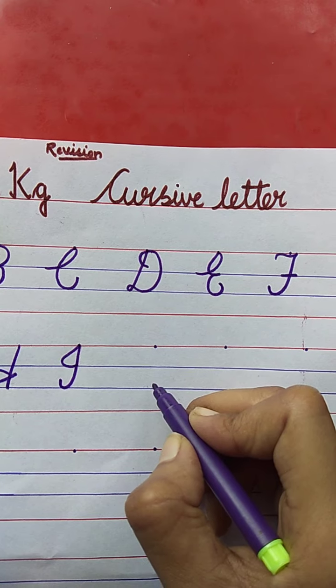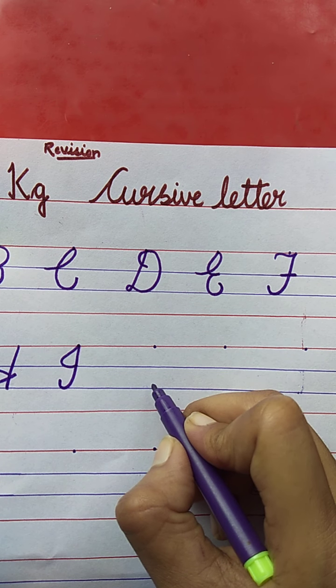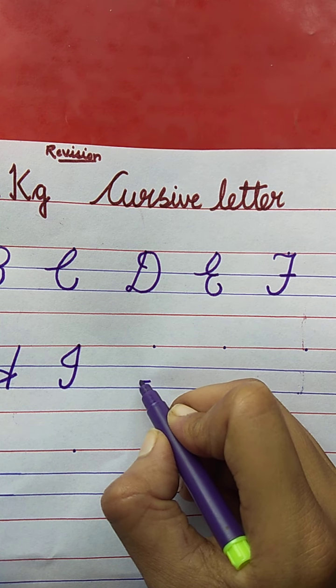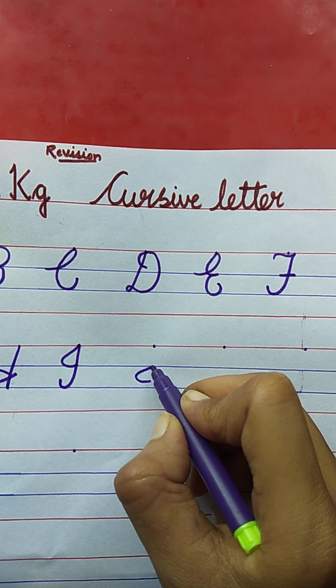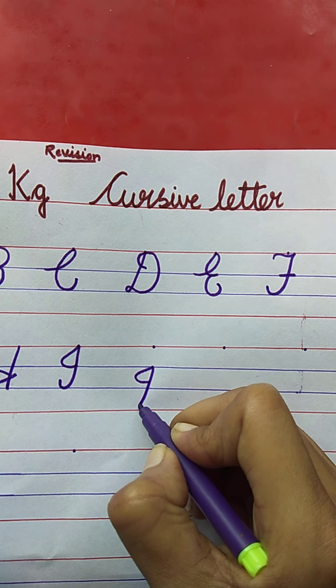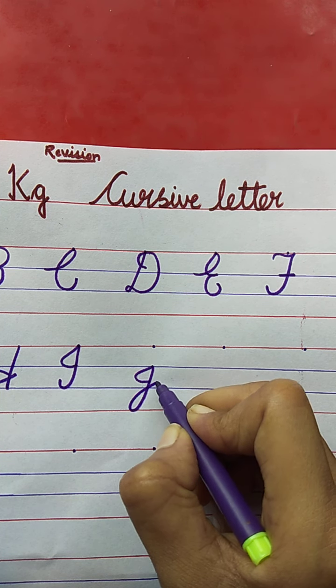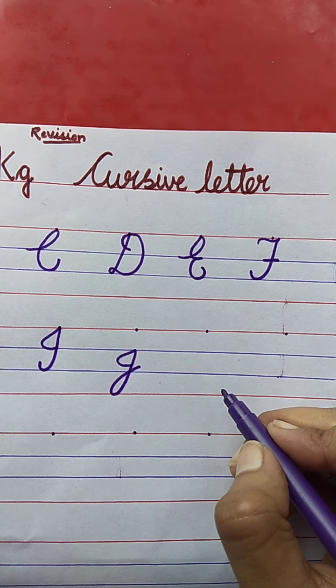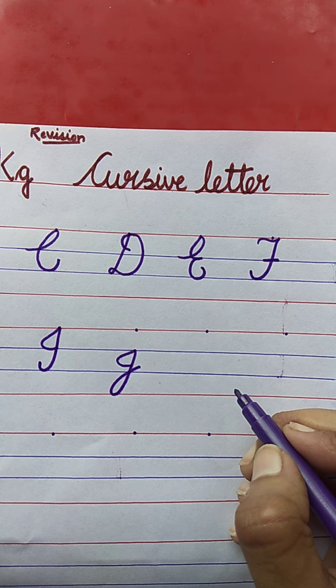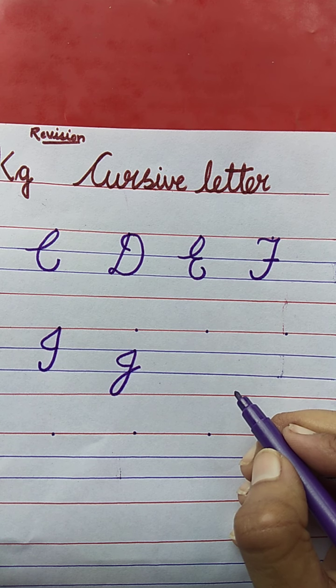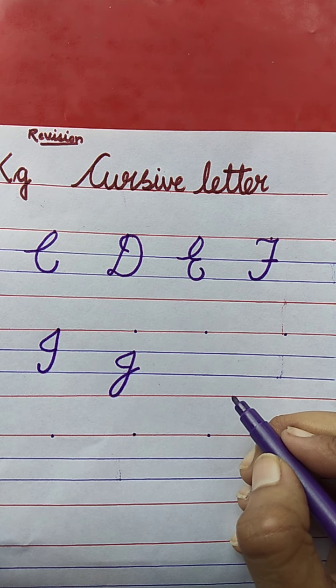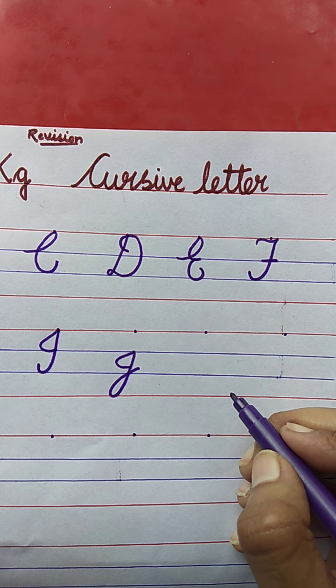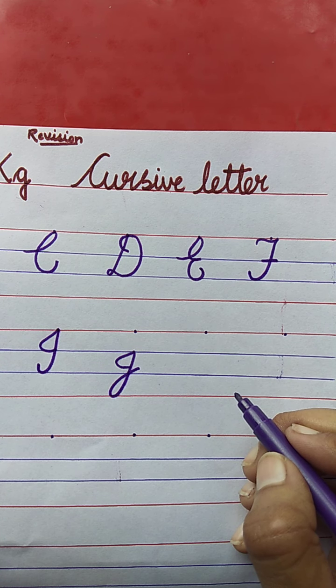Now tell me the next letter. Very good. J. J for joker. See here. A curve, slanting, then again a slanting line, then a curved line. J for joker. Now the spelling of joker is J-O-K-E-R. Joker. Now the next letter. J for joker के बाद क्या आता है children?